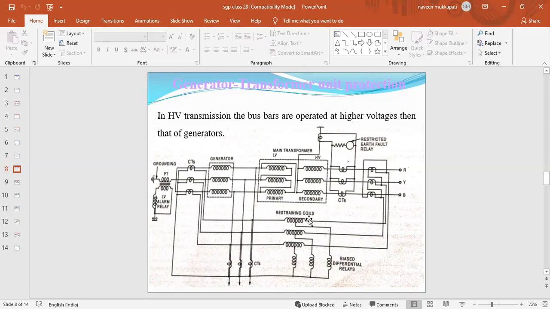But why are we using combined protection for the generator and the transformer?